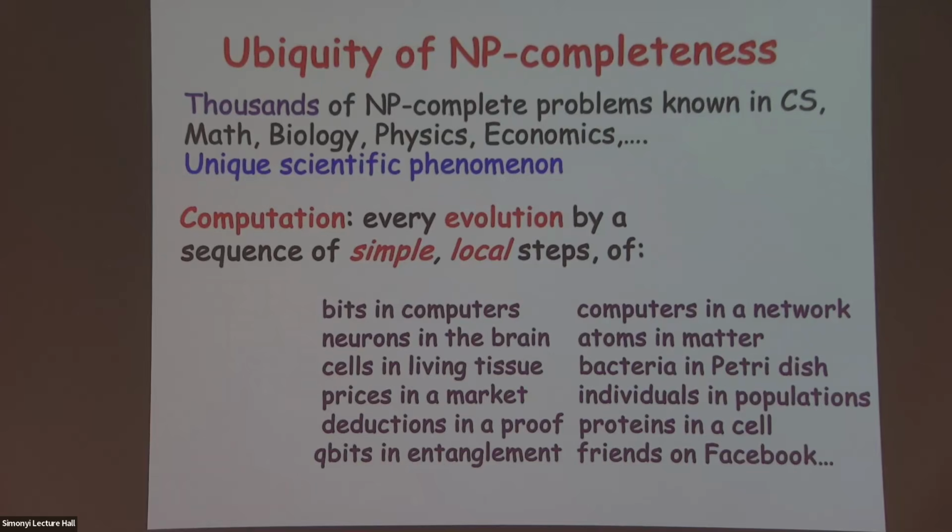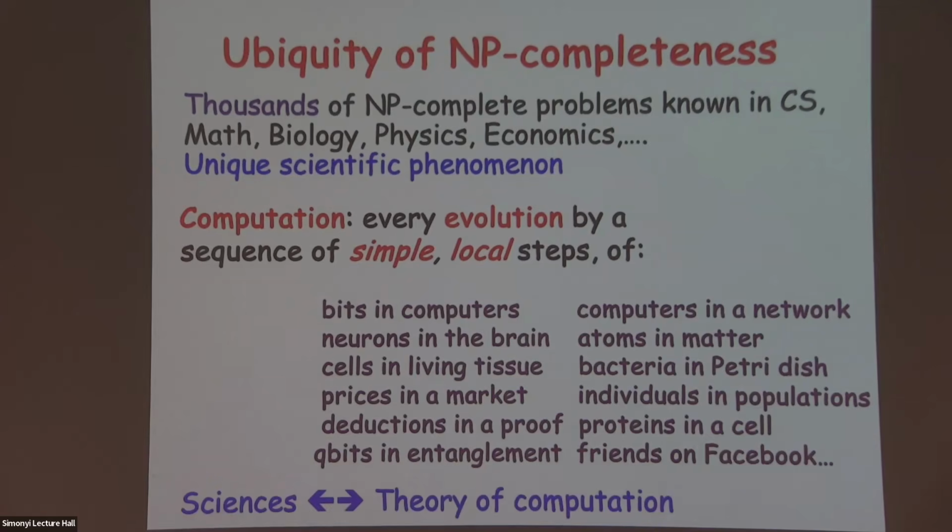It's different rules, but they are all evolutions. So because of that, notions of computation, particularly NP-completeness, appear in all these sciences, and this is a source of major collaborations between computer scientists and other scientists, integrating computational notions into scientific theory.